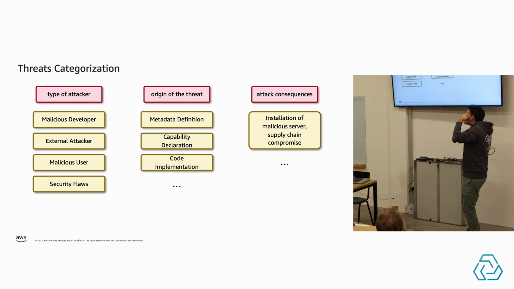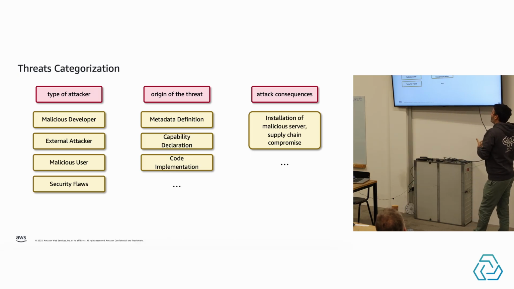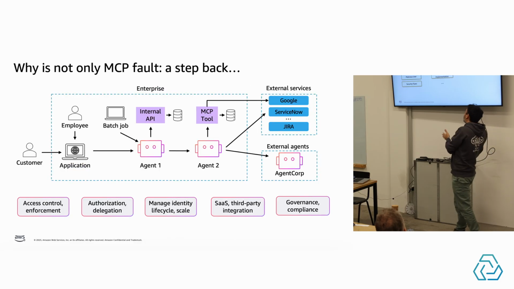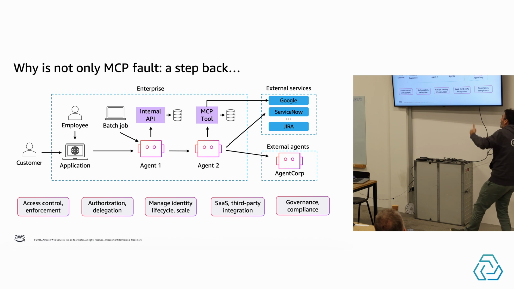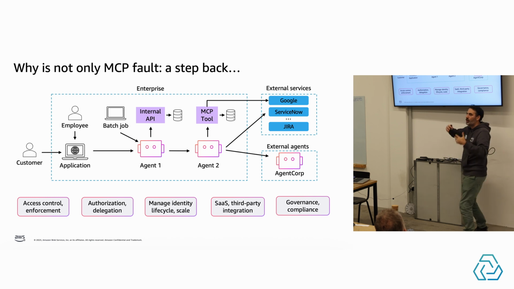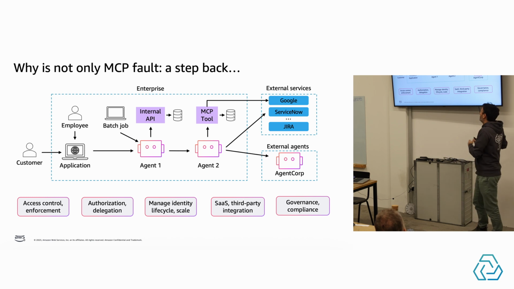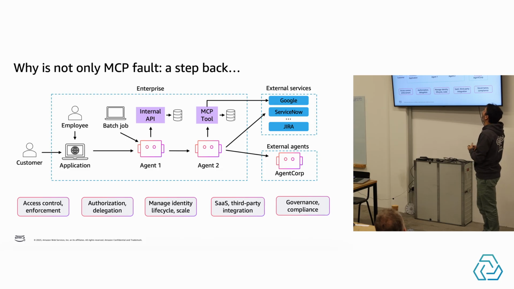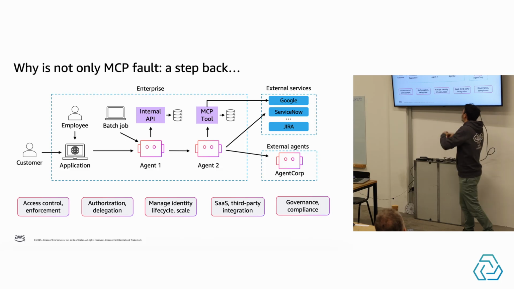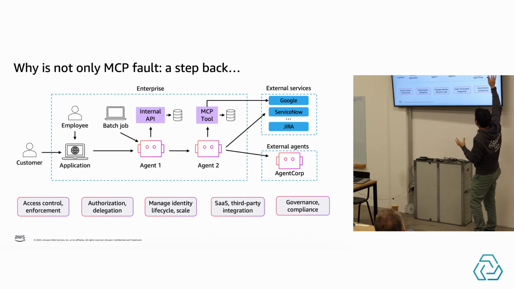It raises so many questions, and this is not just because of MCP, but because we are starting to delegate more and more activities, more and more tools, more and more automation to these infamous or very famous AI agents. And you start to mix data: bad jobs, internal APIs, MCP tools, external services.